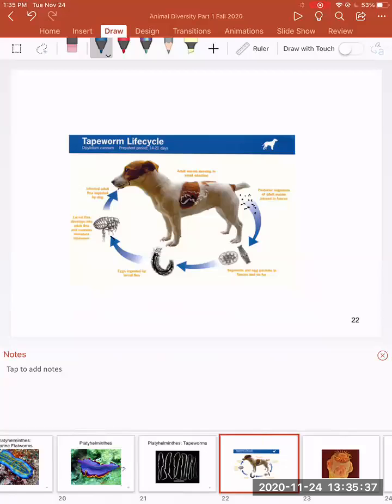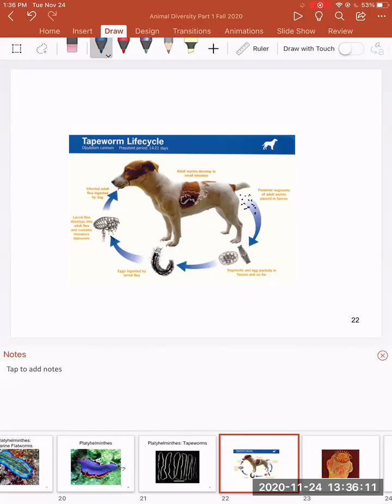This is a picture showing you the life cycle of the tapeworms that infect your dog. You can see that the eggs come out in the feces, and then the eggs are eaten by the juvenile fleas. The way your dog is going to get that tapeworm is it's going to eat the flea, and then the tapeworm is going to mature inside the dog.